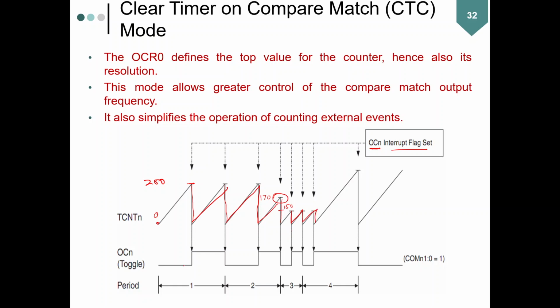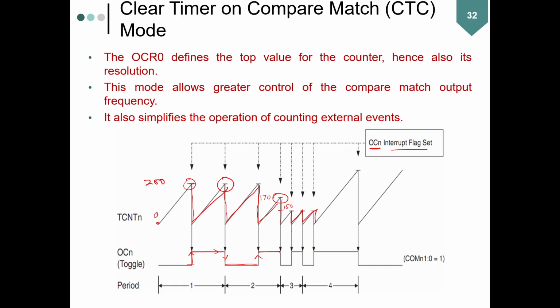So now you see that the output is going to be generated like this. It is going to be set to 1 once your counter reaches the top value, and then it is going to remain at 1. Then next time it reaches the top value, it is going to toggle, get back to 0, and then again once it reaches the top value, it toggles.